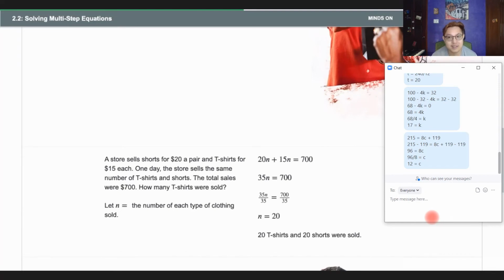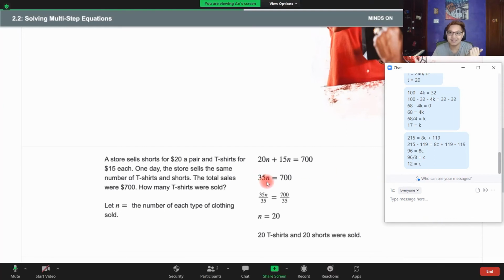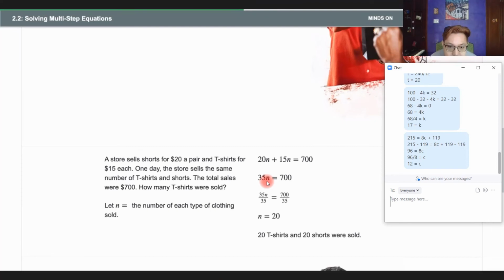Otherwise it would be m plus n or something like that. Because of that you can combine these two together to get 35n. Otherwise you cannot do that.